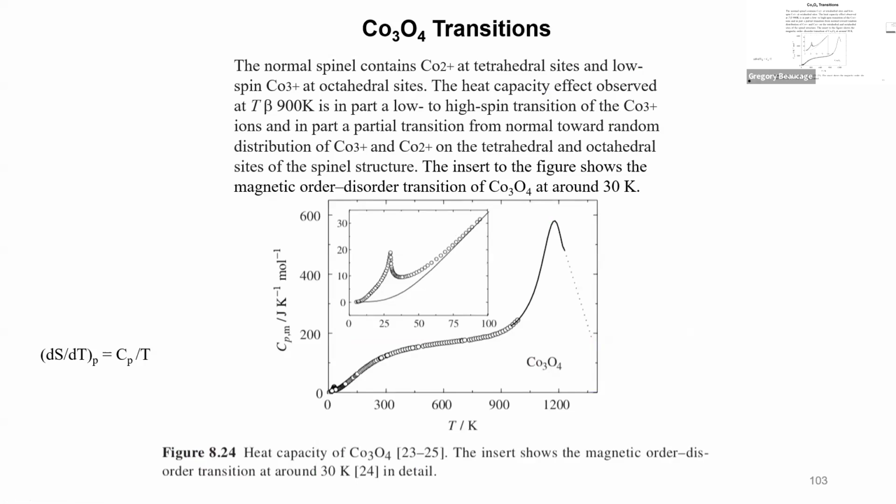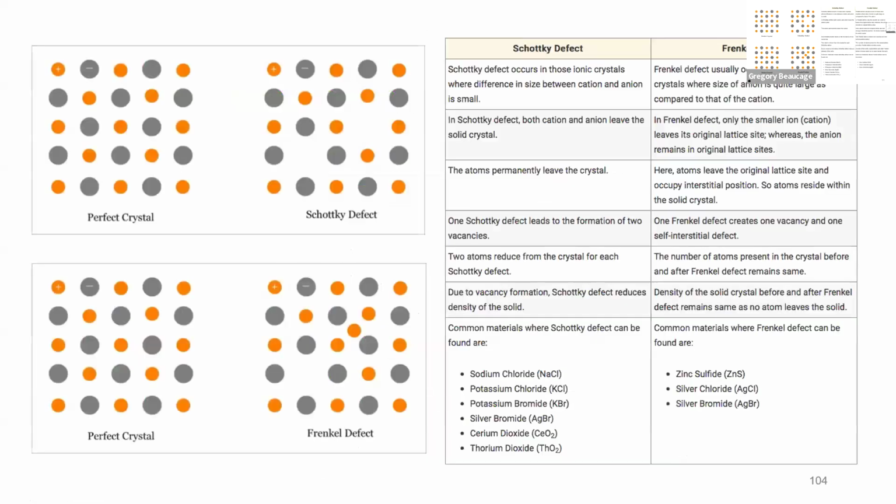These are just various enthalpic transitions that you can find in metals. I think that's the theme of this late part of this chapter. And then this is ceramics. You have NaCl. You can have 2 defects, a Schottky or Frenkel defect, and those will also have a peak in the heat capacity.